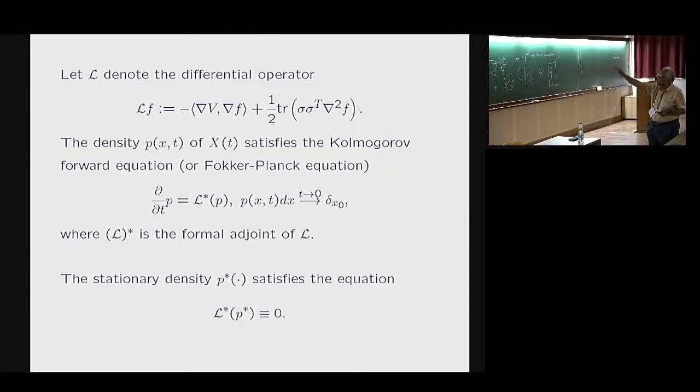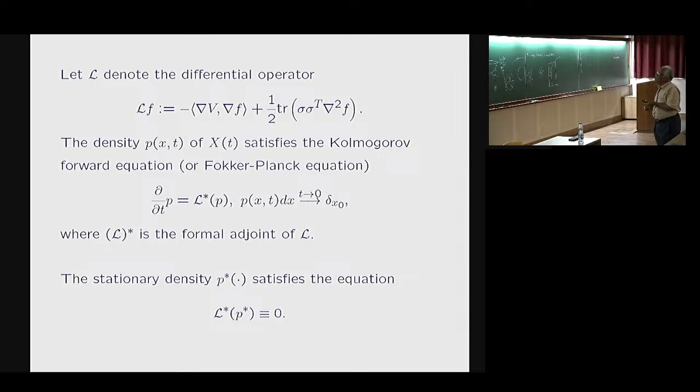Script L star is the formal adjoint, whatever you get from script L by writing the integral of g times Lf dx and integrating by parts to get the integral of L star g times f dx. That's the L star. I might have it explicitly somewhere. So the adjoint operator. And I assume that the initial condition starts at a point mass.